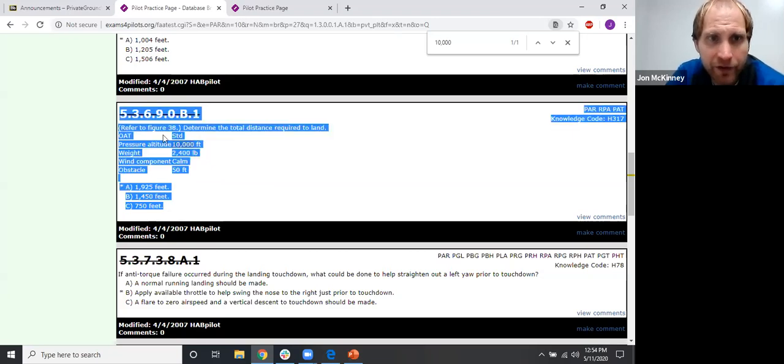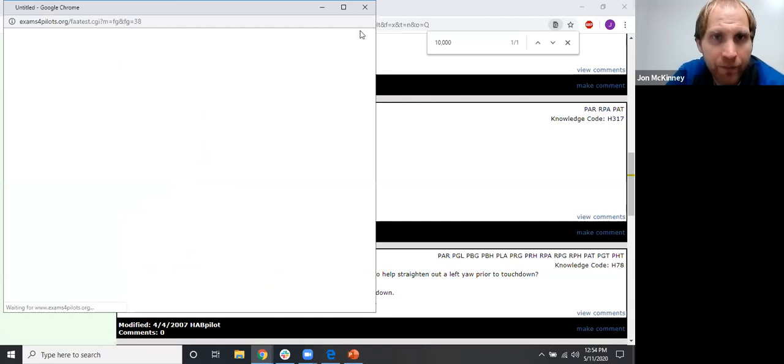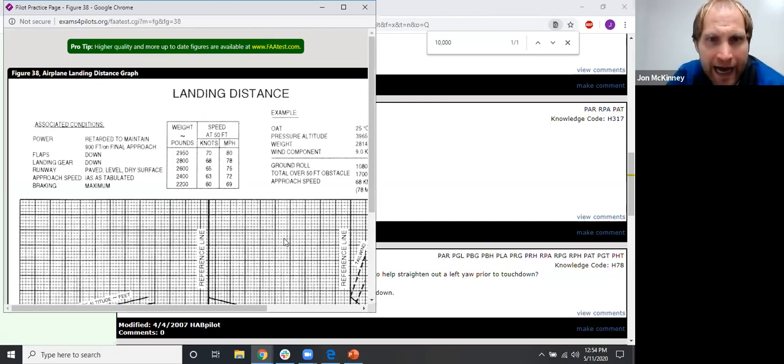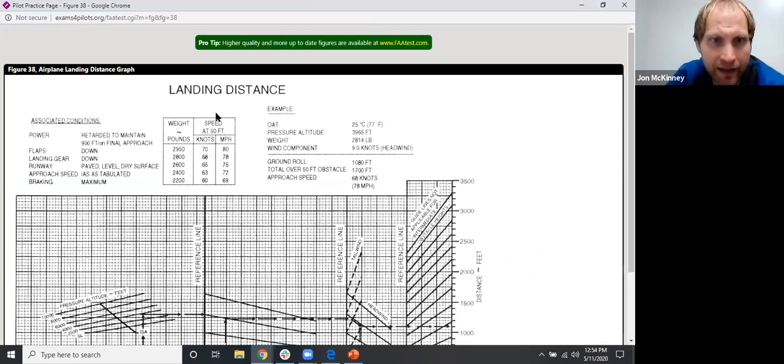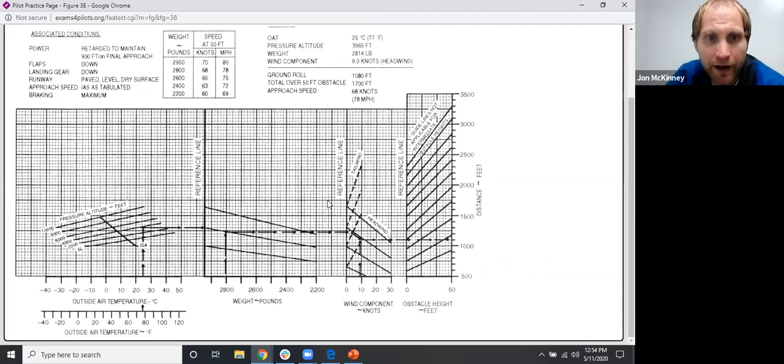It says reference figure 38, but again, that might be the old figures, and they might have new figures now. This is the figure that they have. They call it figure 38, and it looks like this. If I reference that against the new one, the newer one says figure 38 is here.